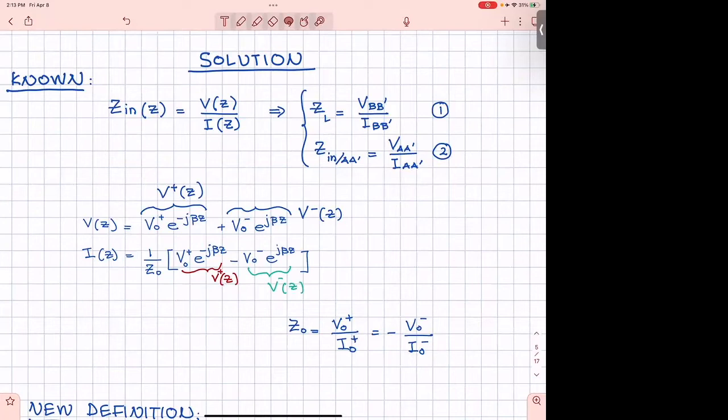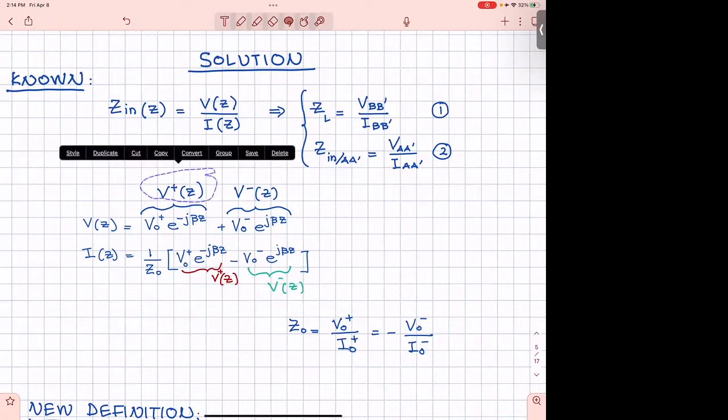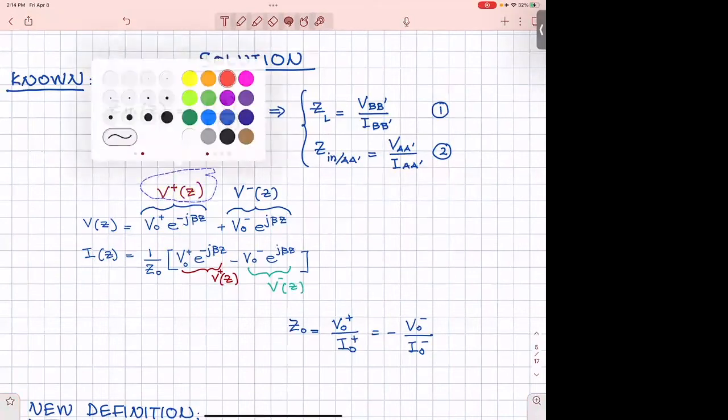This one here is the voltage and the current inside the line, all right? And we have seen this. The total voltage at any point on the line is the sum of two voltages, the incident, and in fact, I can put this in red, and the reflected.